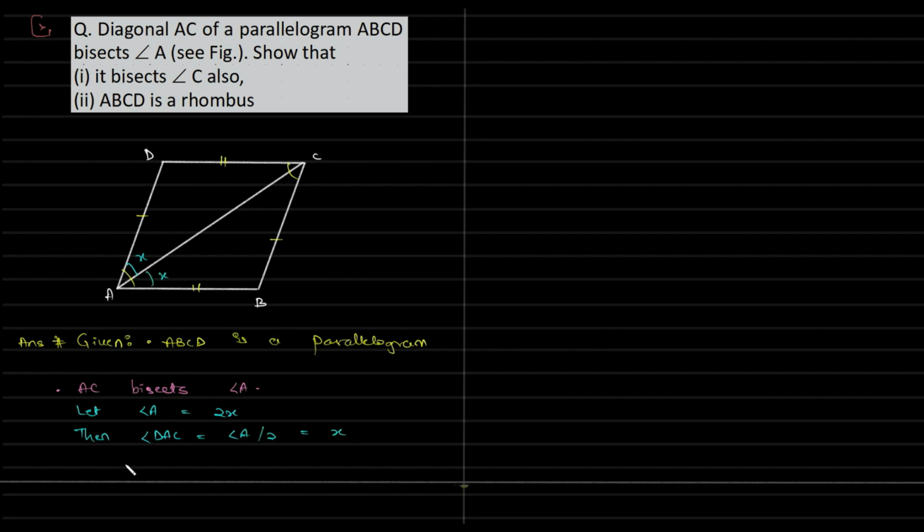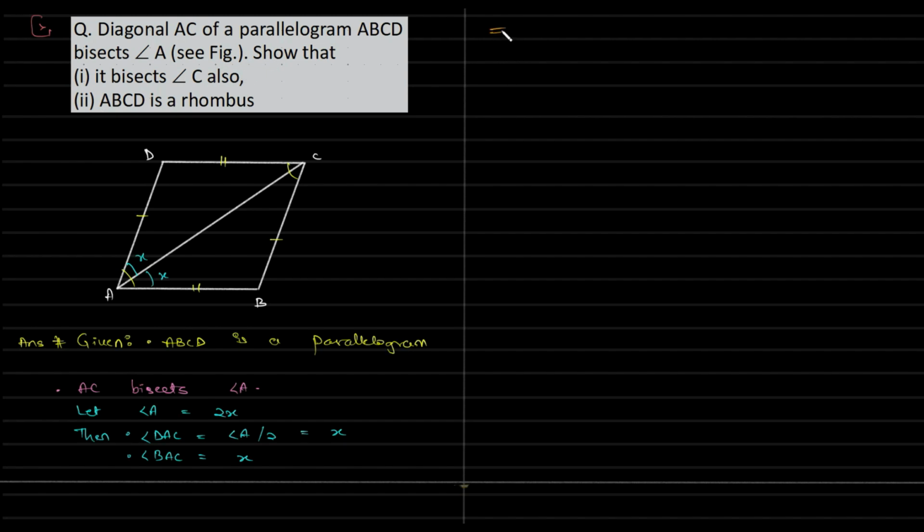Then this also will be equal to x. Angle BAC will be equal to x. So both of them will be equal to x, right? Actually, I could have written the same in one go here. Anyways, that's it.